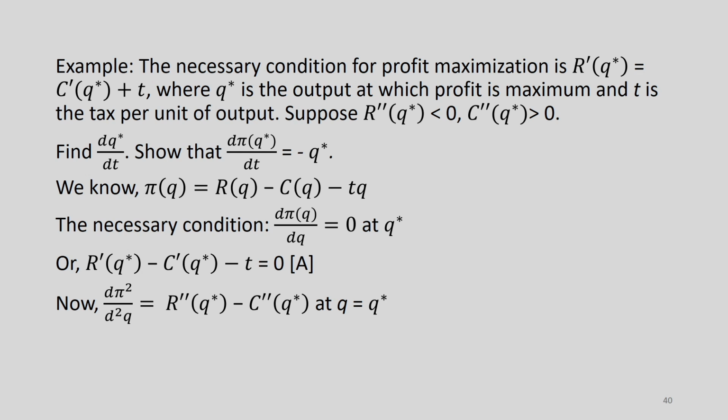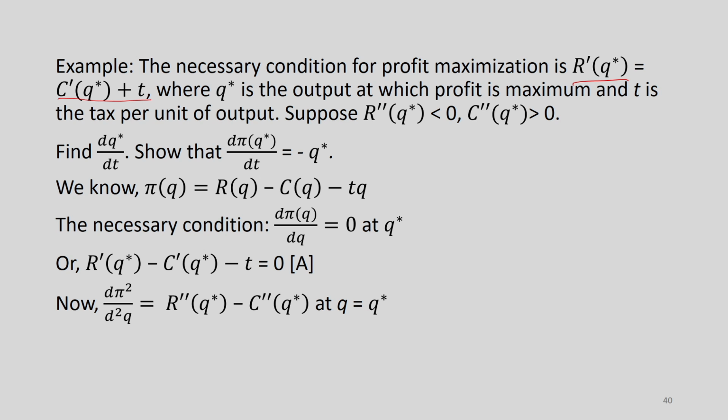And we have seen that there is this necessary condition that if at q star profit is indeed maximized, then the first derivative of the profit function should be equal to 0, from which this condition is obtained, that r prime q star is equal to c prime q star plus small t. So, this is what we know.